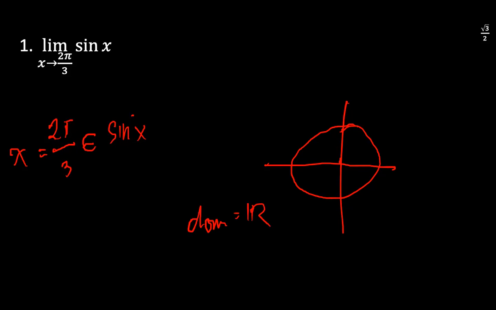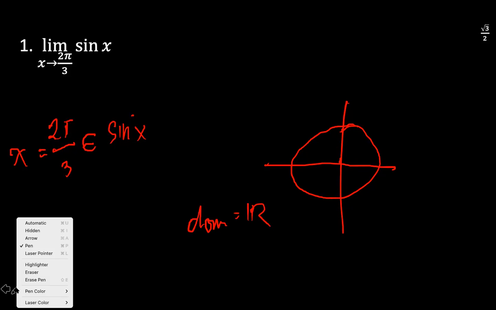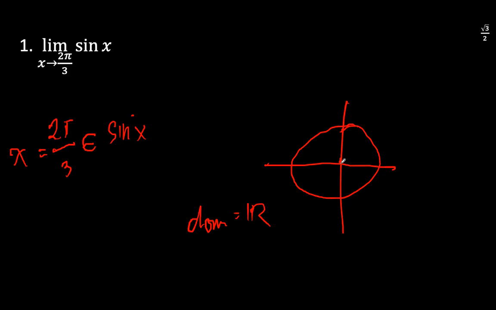2 pi over 3 can be found here. And we know that this point has values which are real numbers.